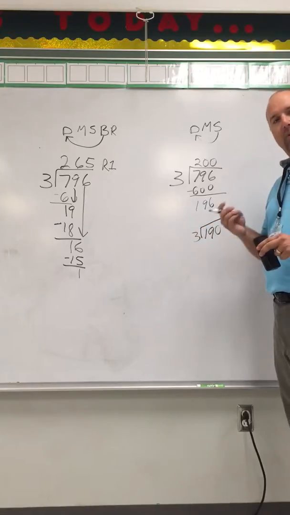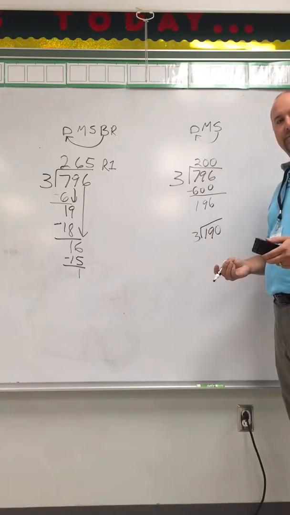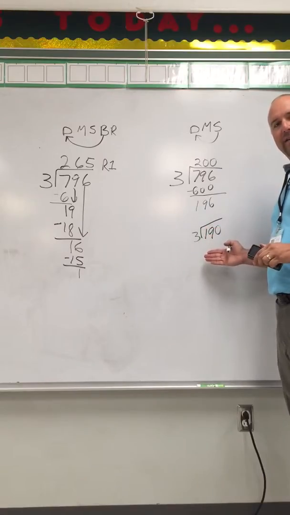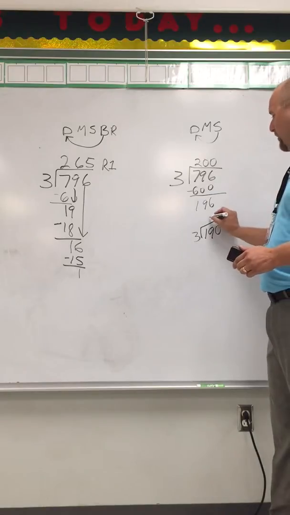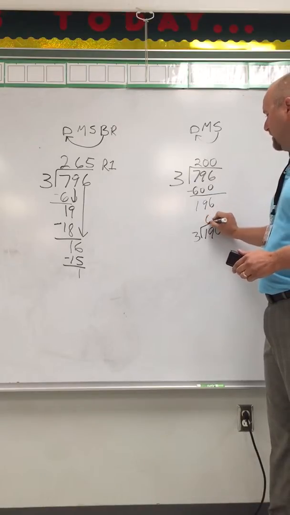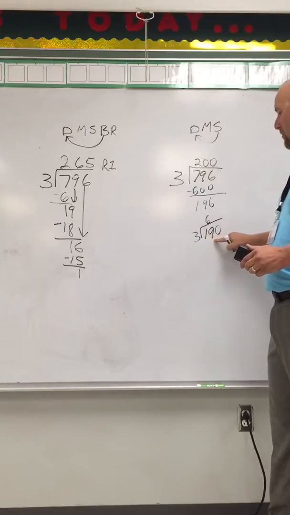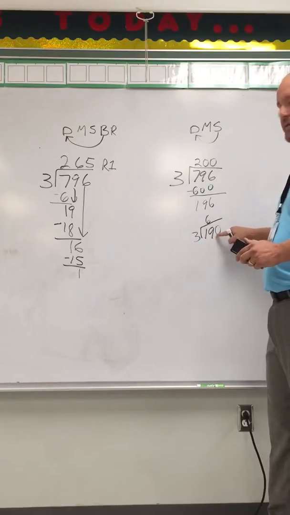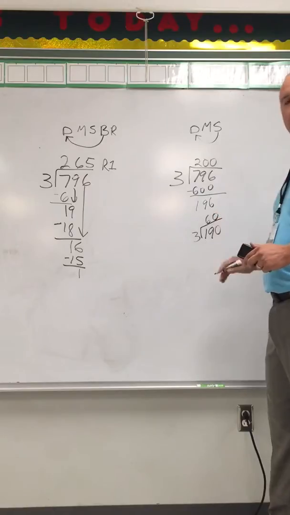And again, I want to work with multiples of 10 here to come up with an answer that gets me close to 190, but not over it. So in this case, I know that 3 times 6 is 18, but it's not 18, it's 190, so 3 times 60 would be 180.